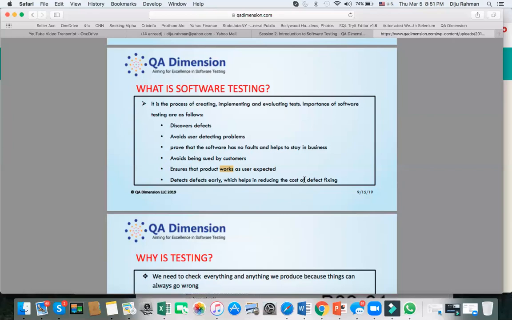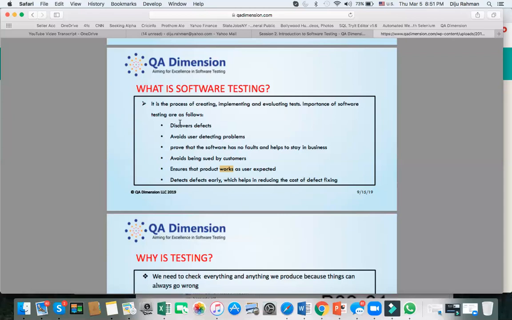It can cause a sort of domino effect. The brake doesn't work, other things start breaking apart, and it can put your life at risk. So once you find some faulty thing ahead of time, you can fix it and make sure it does not impact other things. This is another reason we do software testing.